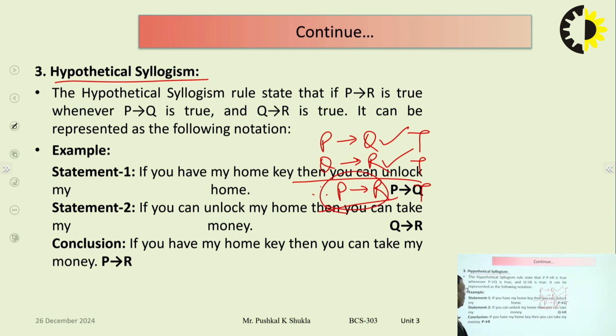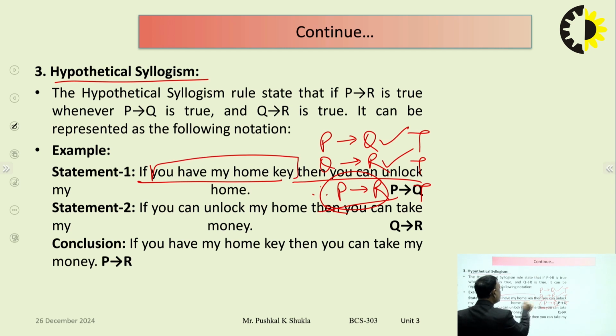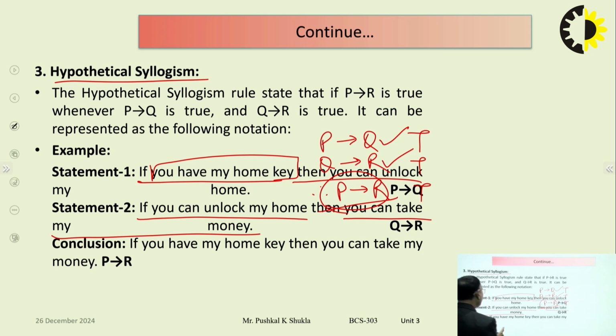For example, if you have my home key, this is P, then you can unlock my home, this is proposition Q. So, P imply Q means if you have my home key, then you can unlock my home. If you can unlock my home, this is Q, and you can take my money, this is R. So, Q imply R means if you can unlock my home, then you can take my money.